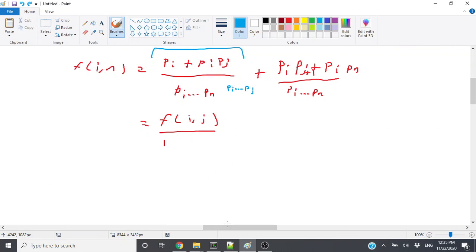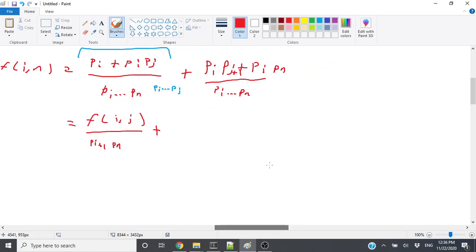And then this is just the same as that, which kind of makes it more understandable. So f of ij is this over pi plus 1 dot dot dot pn plus constant. This is constant. Specifically, all of these terms are a multiple of pi dot dot dot pj, and obviously this is 2 dot dot dot pj.